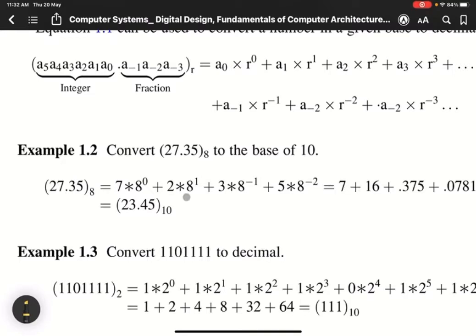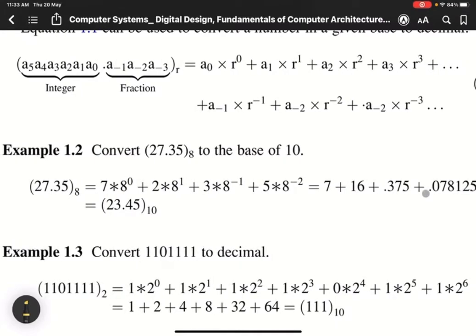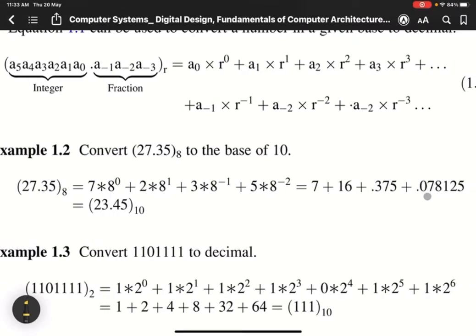If we compute this, it will give us 7 plus 16 plus 3.375, and the value will be 0.07825, and that will be equal to 23.45 base 10.